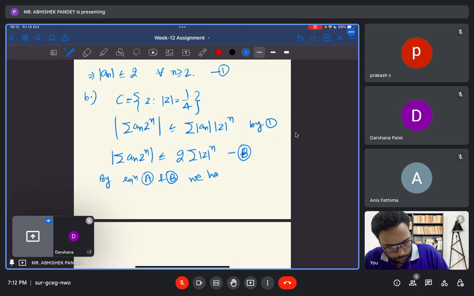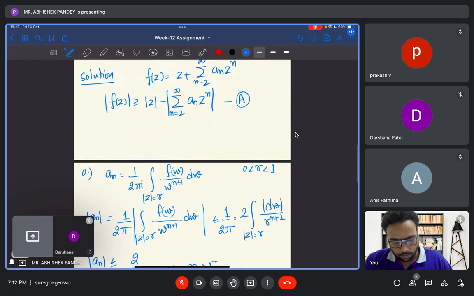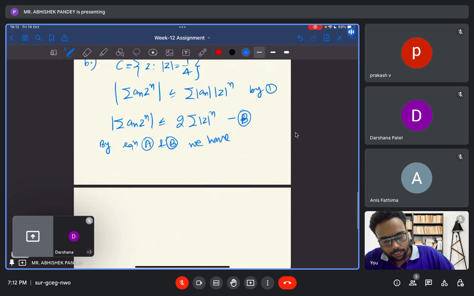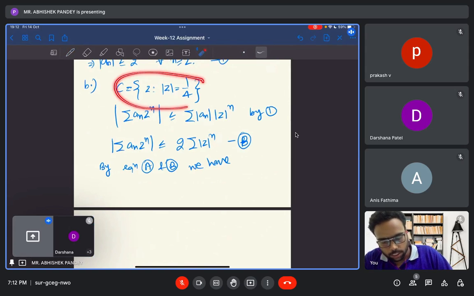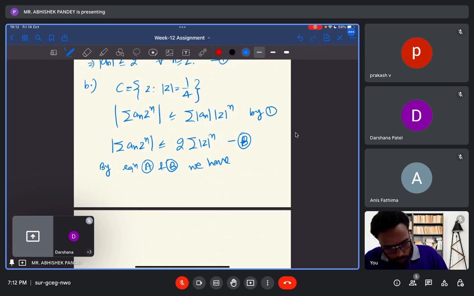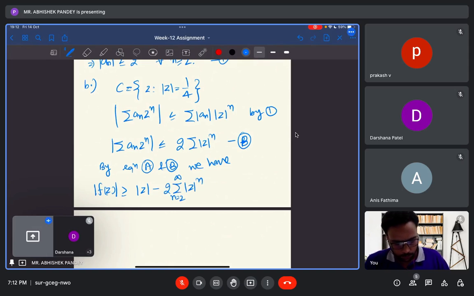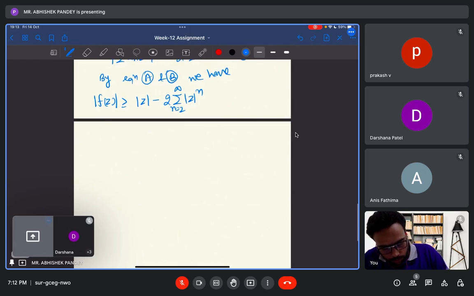So by equation A and B we have, so what is A? Mod of f(z), and we are talking about the circle mod z equals 1 by 4. So we will get mod f(z) is greater than or equal to mod z minus 2 summation mod z to the power n, with the summation from n equals 2 to infinity. Now mod f(z) is greater than or equal to mod z, which is 1 by 4, minus 2 into summation n equals 2 to infinity 1 upon 4 to the power n.